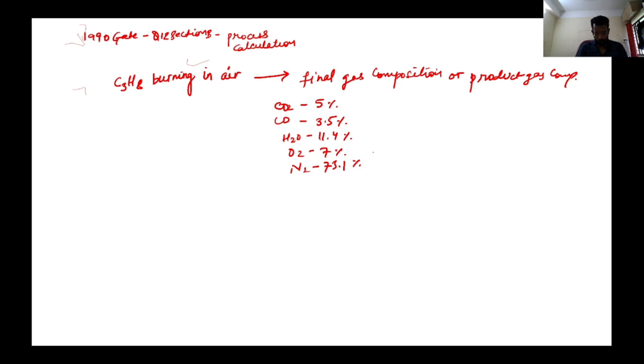Now we have to choose a value of the exit gas, final gas, because the composition is given for the final gas.